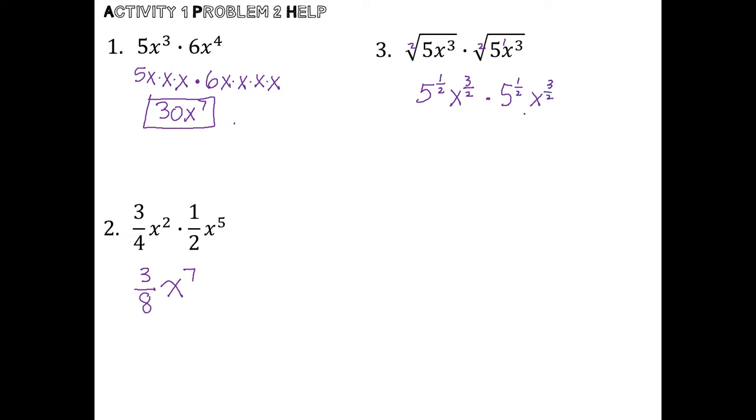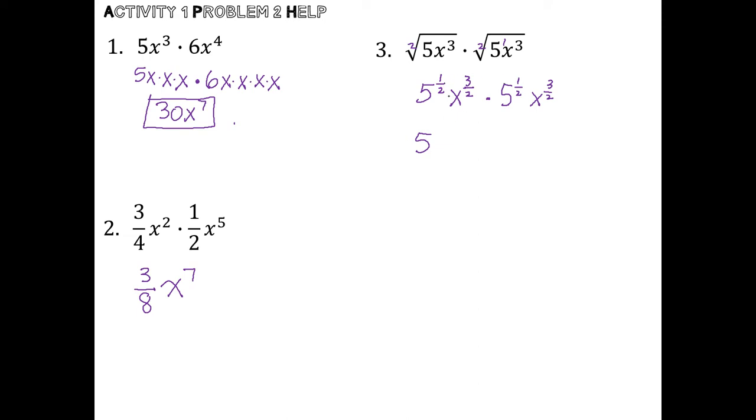Okay, so now that we have that, we're going to do the same thing as what we did here, right? But the problem is that we have these exponents here, so we're going to have to treat these like how we did the x's. So we're going to go 5, and then remember we're going to be adding the exponents.